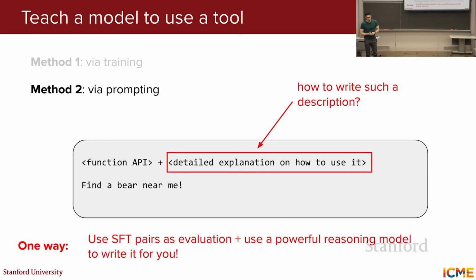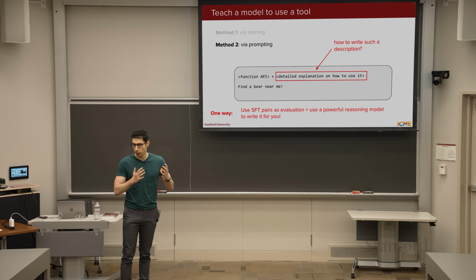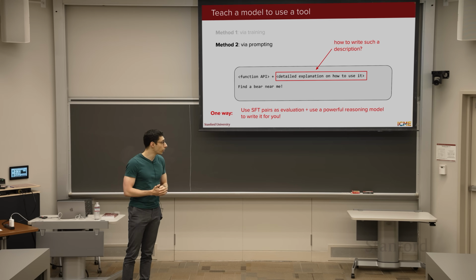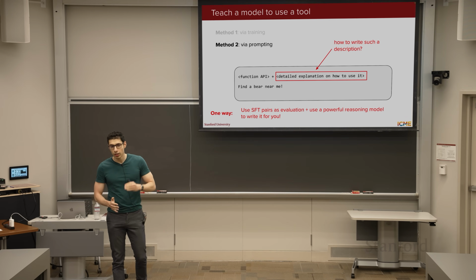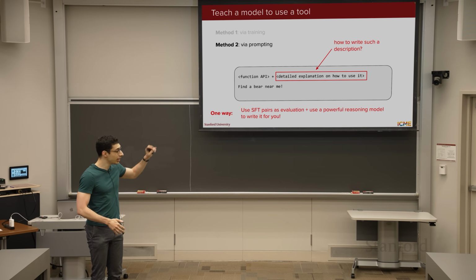to do the explanation writing for you. So yeah, this is a trick to help you avoid doing that hard work. Basically showing the model, hey, with the current prompt, here's what we get. What would you have changed in order to make the evaluation results better? So you get, with that process, an iteration on the detailed explanation.